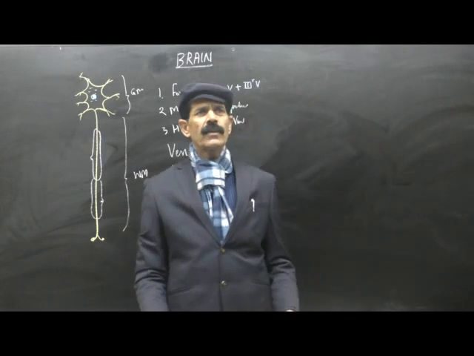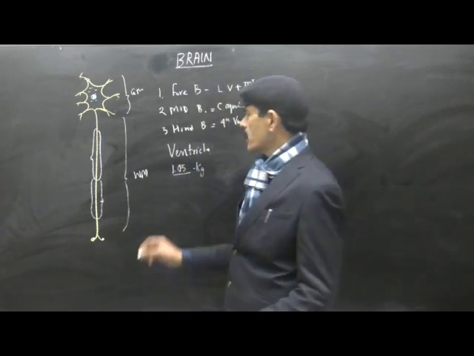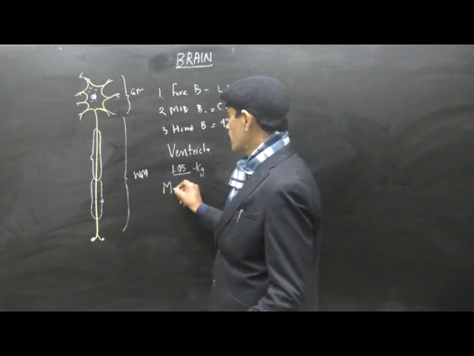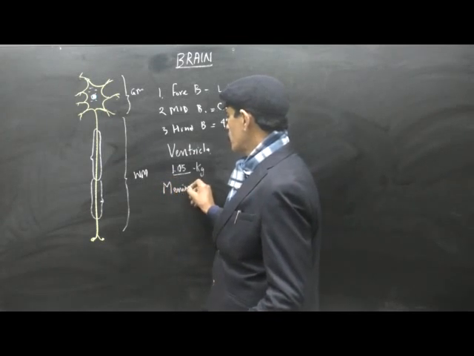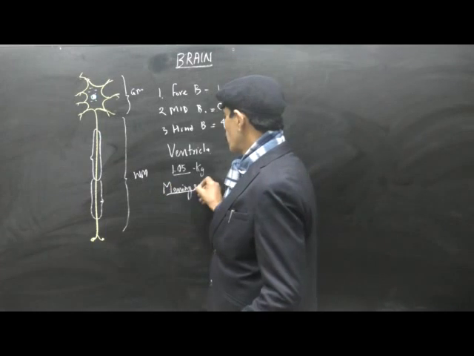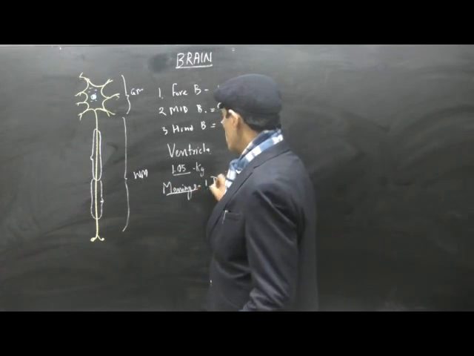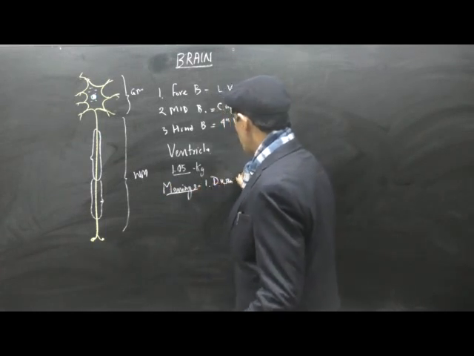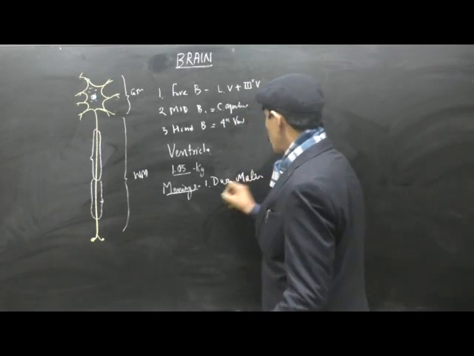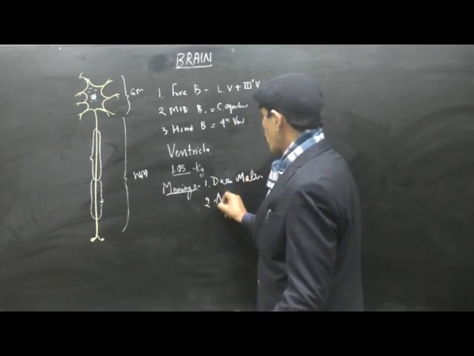The brain and spinal cord are covered by three coverings called the meninges. The outermost is called the dura mater. The middle one is called the arachnoid mater.